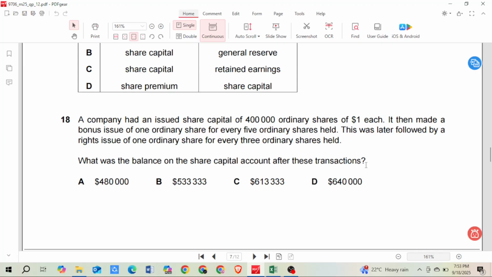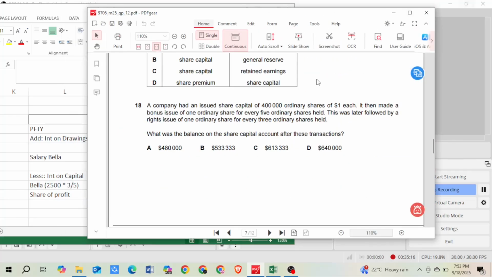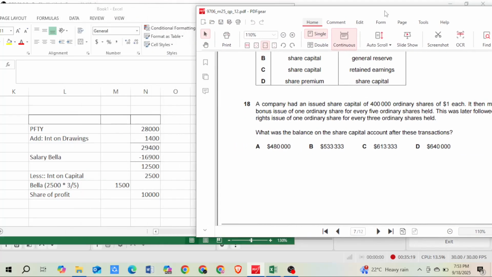Okay, very simple. They are asking us to find out the total amount of capital we will have after all of that. The conditions are straightforward.